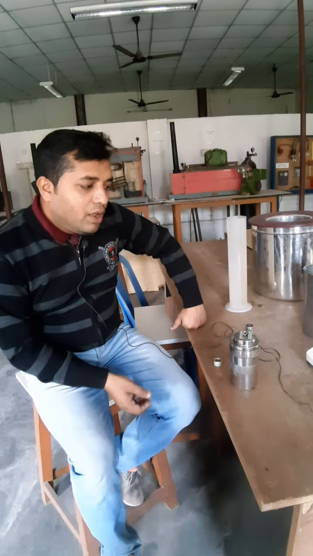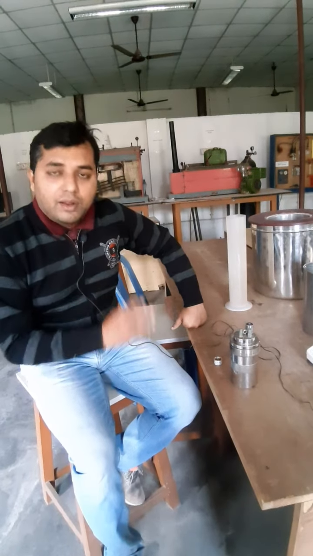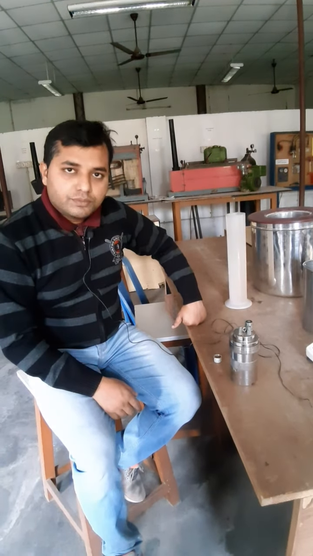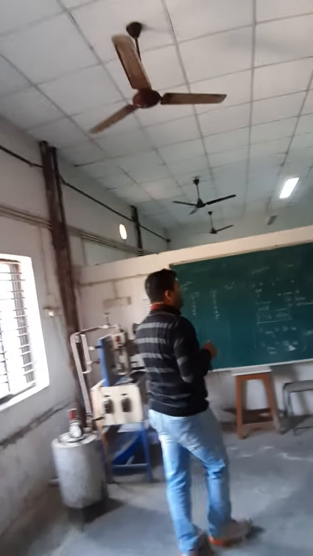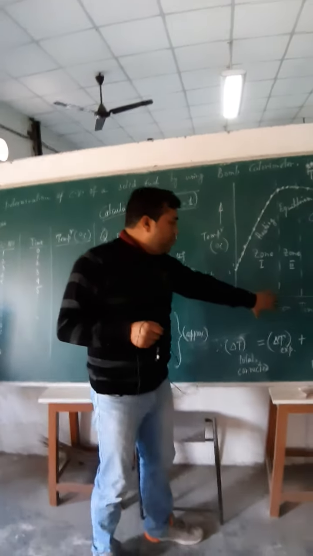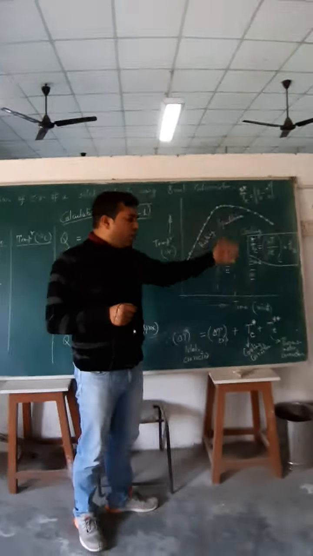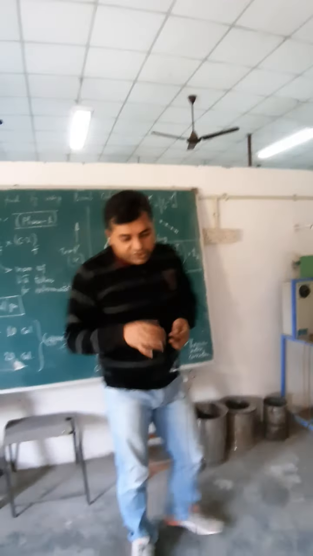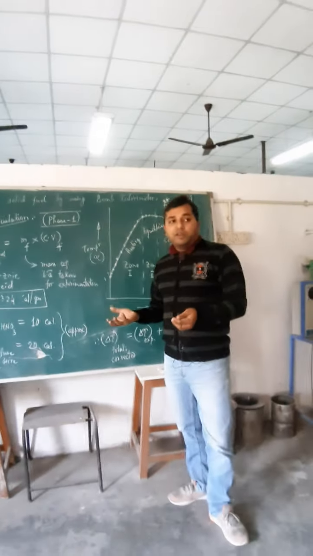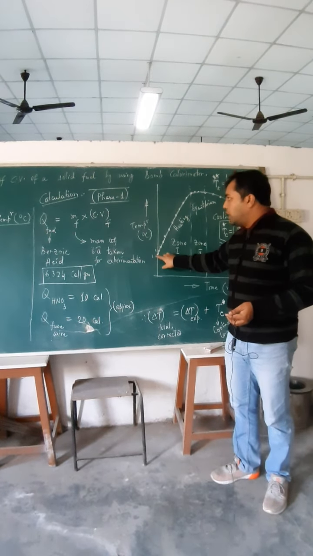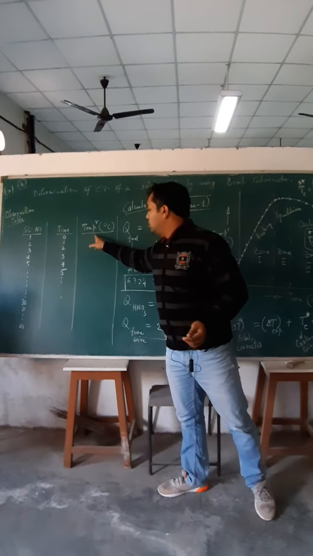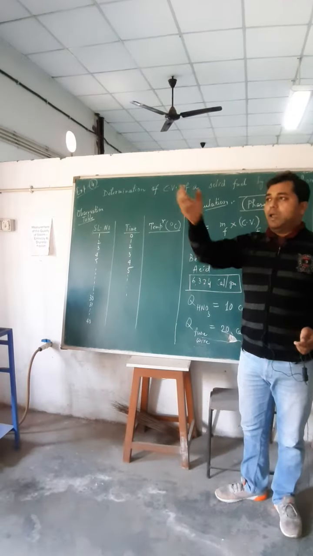Now how do we understand whether the reaction is complete, whether the burning is complete or not? Initially, when we start the experiment, the temperature will be that of the water inside. So this is the water temperature, this is the time. We will discuss this later on. When the time is 0, the water temperature inside the bomb calorimeter is approximately equal to the ambient temperature.